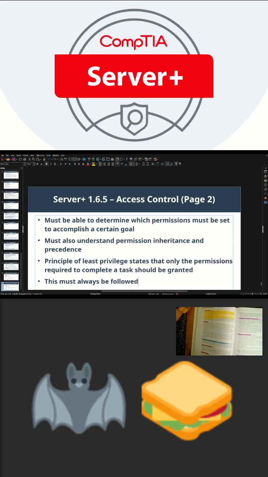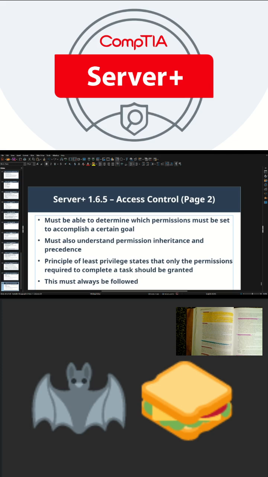It's either going to be somebody with malicious intent, or somebody who does it accidentally. And both happen all the time. So the principle of least privilege states only the privileges that we need to complete the task should be granted. And we're going to go over this much later in chapter 6.